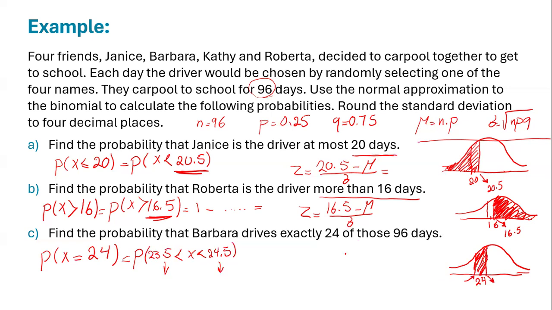So I need to convert 23.5 using the mean and the standard deviation that I found, and convert 24.5. And then looking at the z table, find the area under the curve for both of them, and after finding the values, those values must be subtracted. So I don't have the exact number here, but you can find it.